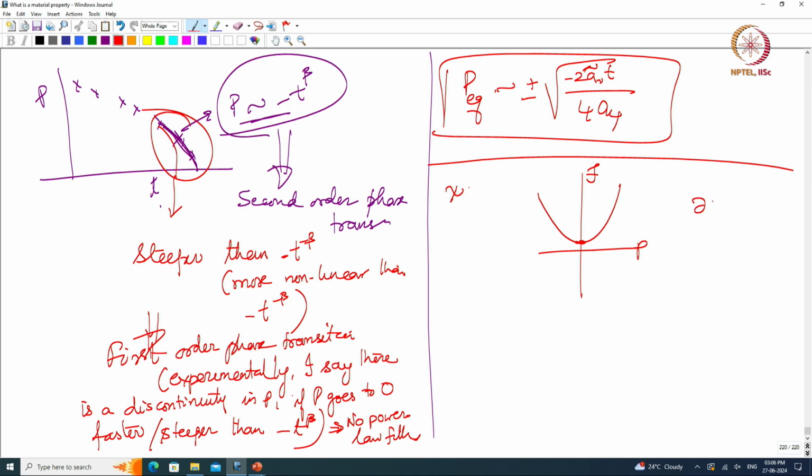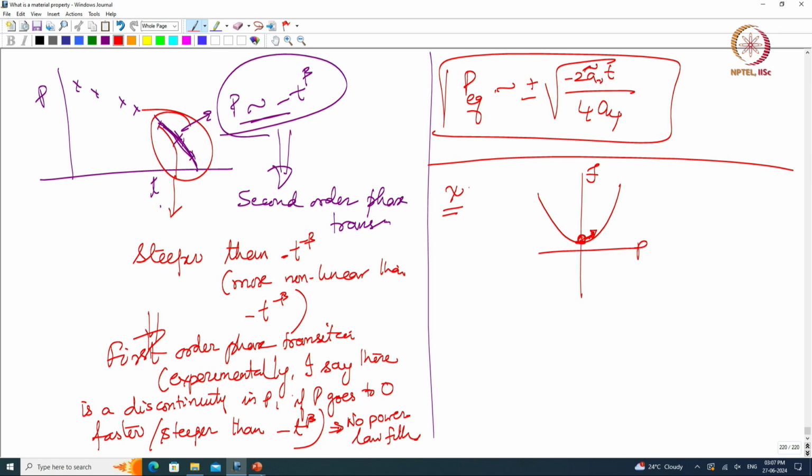So, this is dou 2 F by dou P 2. Okay, not the Landau potential, but susceptibility is typically where I take the system away from equilibrium, that is what we said, right. So, thermodynamically we take the system away from equilibrium, we drop it down and then we see what is the restoring force for the system to come back to equilibrium, right. So, that is what is going to tell me the susceptibility.